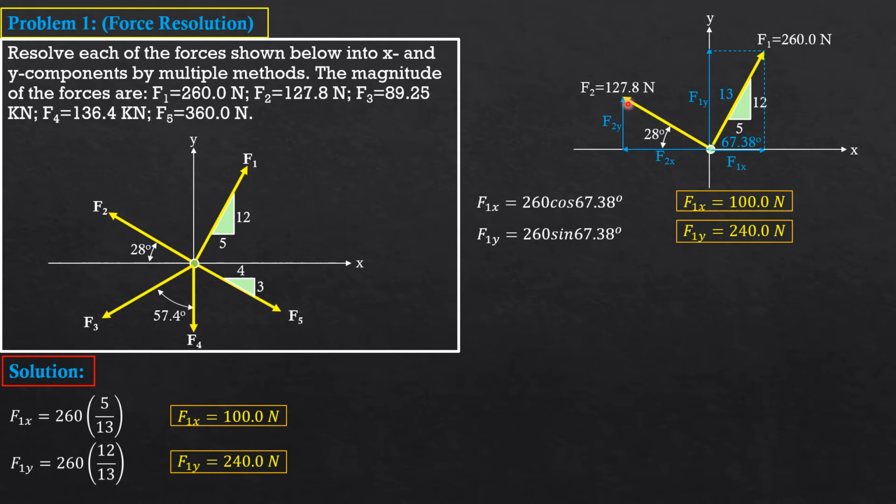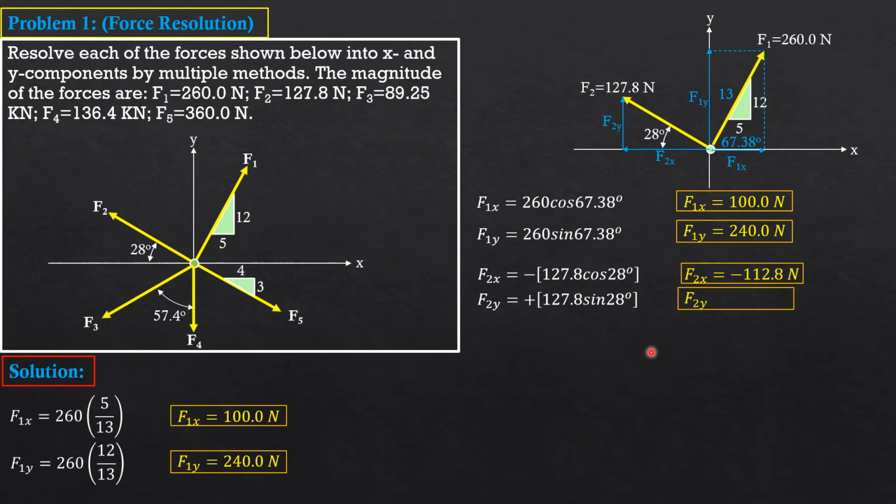So negative 127.8 cosine of 28. So F2x is negative 112.8 newtons. F2y is expected positive. It is opposite to 28. So it is hypotenuse 127.8 sine of 28, and it is anticipated to be positive. So that's the first solution.